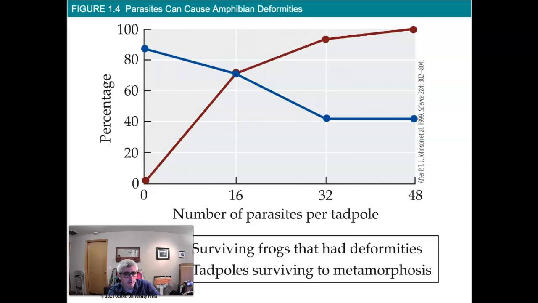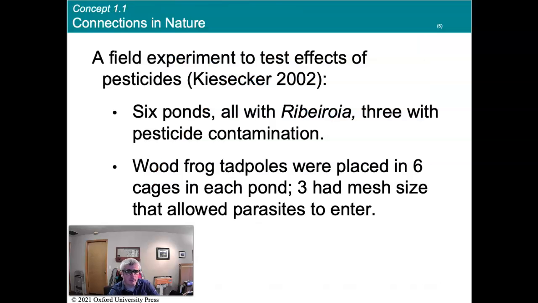Now, if we move on, so in a vacuum, meaning in a world where it's just clean water, happy frogs, and parasites, this makes sense, right? There's a gradation of the number of parasites and a gradation of both mortality and deformity.